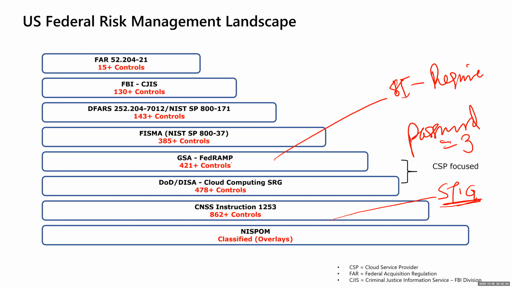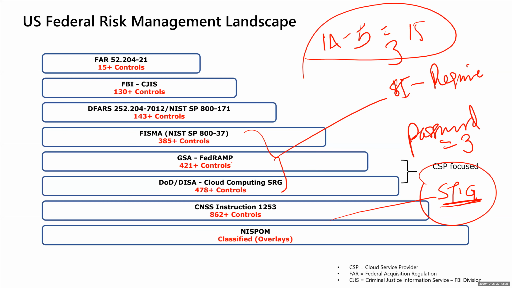Within NIST controls or FedRAMP or cloud, there's also the IA5 control, where you are defining your password parameters, where you will say the password length is 15 characters and the password reuse is only 3. It has no relationship with this because this is NIST framework driven. This is STIG compliance driven. But since this implementation also achieved this, we might as well have an existing mapping for that.